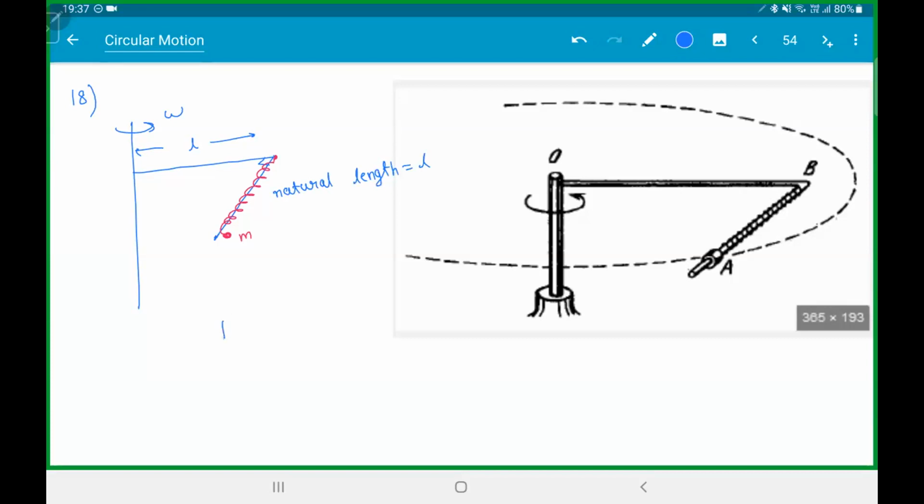So the question is, find the elongation in the spring when it's rotating with omega. Once you start rotating with omega, find the elongation in the spring.